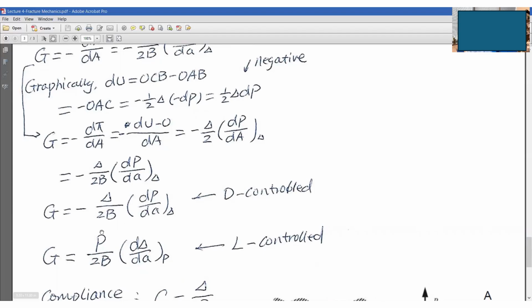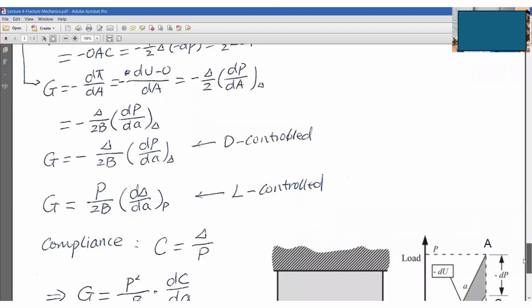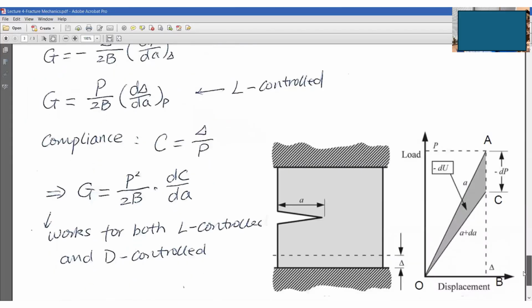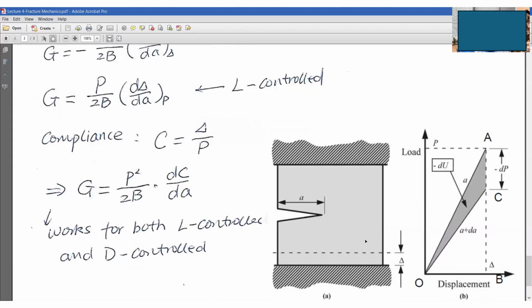So up to now we have this equation for the load control system, and this equation for the displacement control system. If we introduce another concept, compliance is defined as C, which equals the displacement divided by the load. Actually, compliance is the reciprocal of stiffness.